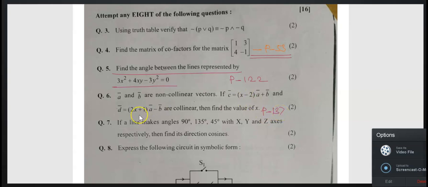That is, c bar and d bar are collinear vectors. When two vectors are collinear, one vector can be expressed as a scalar multiple of the other vector.